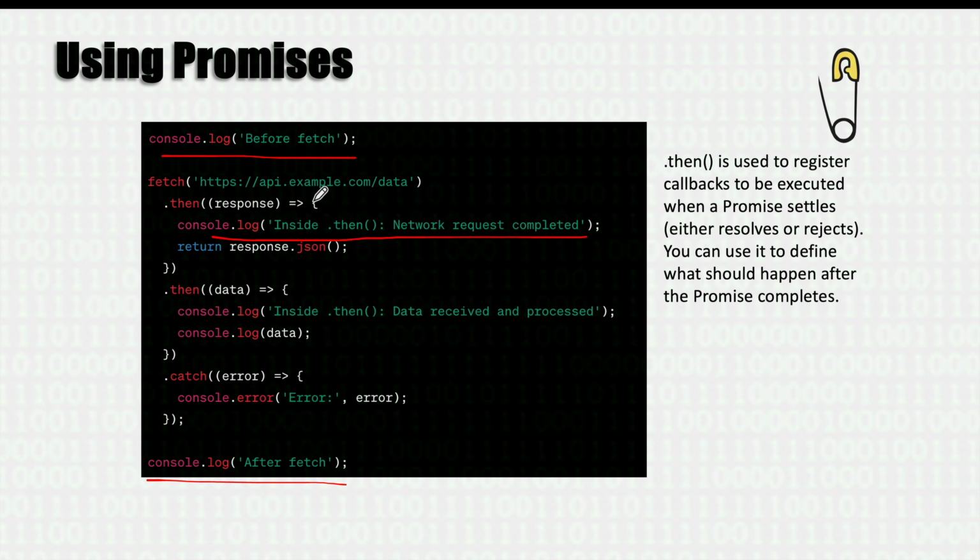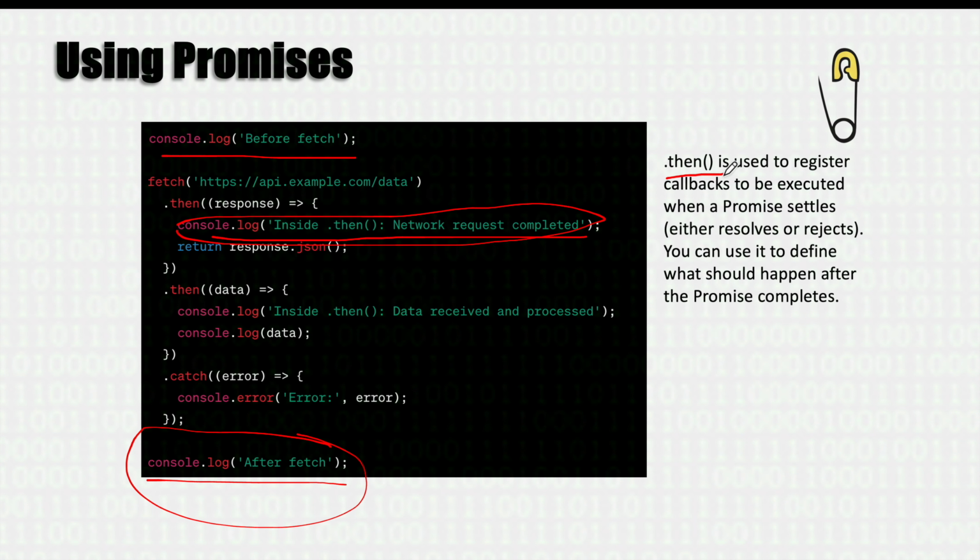That's why there is a delay, and thereby this call is made much before this call is made, because it is made only on the completion of the fetch call. So this is basically an example of asynchronous calls.